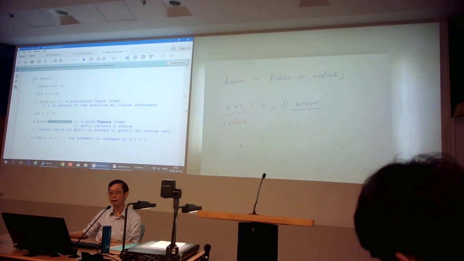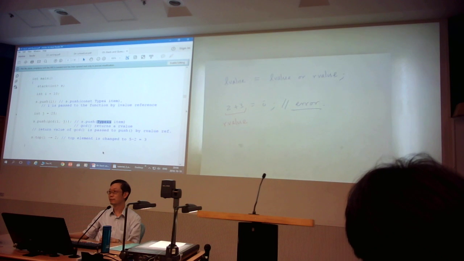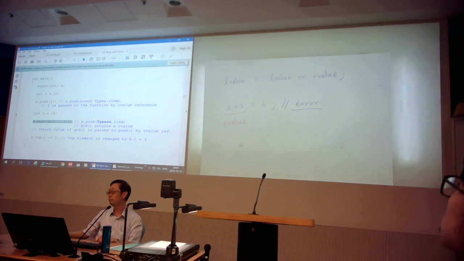Then the compiler will use the version of the push that receives an R value by reference. If you don't have this function, then this statement will be illegal because the compiler cannot change that R value into an L value reference.